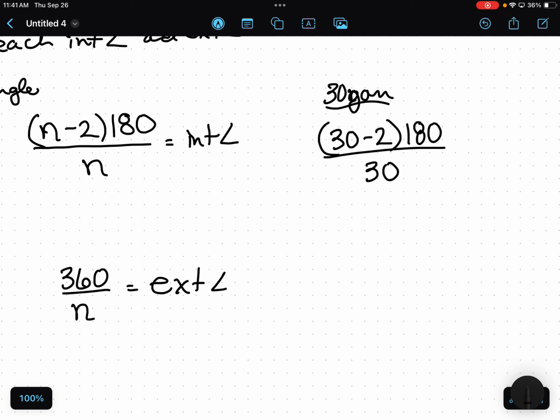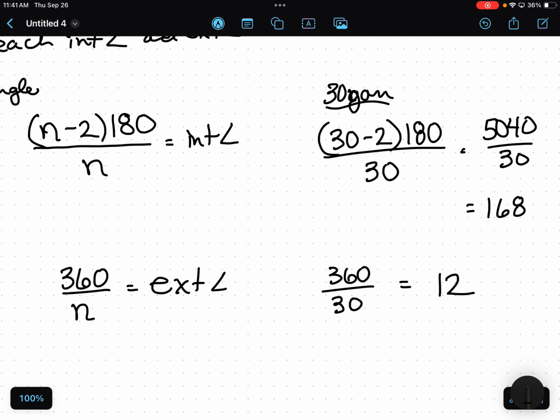So 30 minus 2 is 28, times 180 is 5,040, and divided by 30 is 168. To find out the exterior angle, I take 360 divided by 30, and I end up with 12.